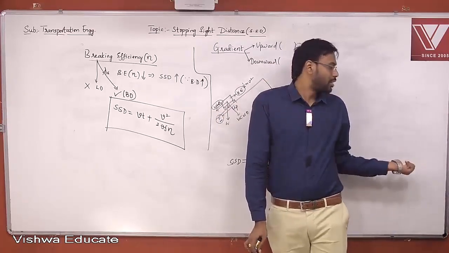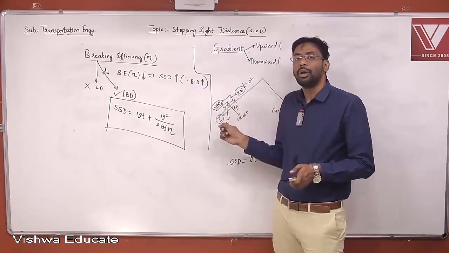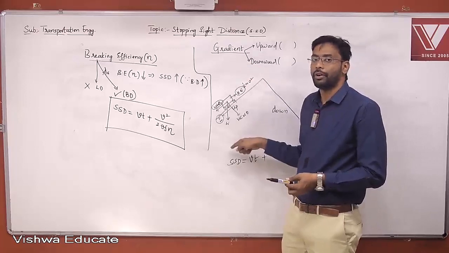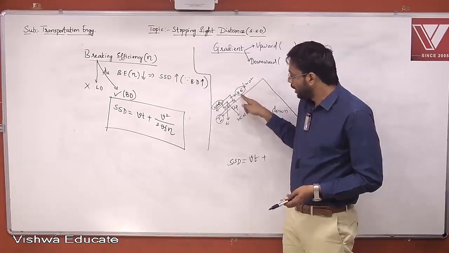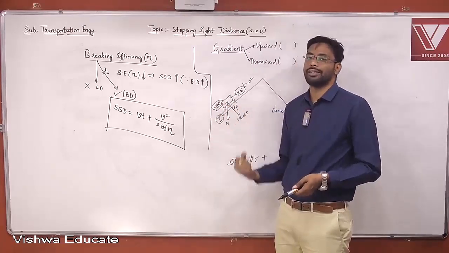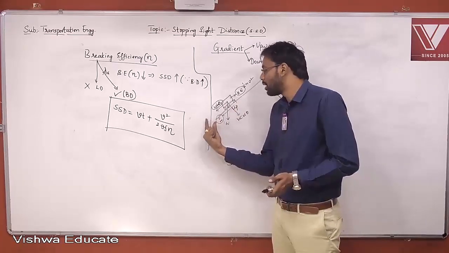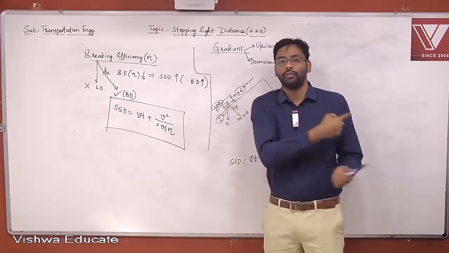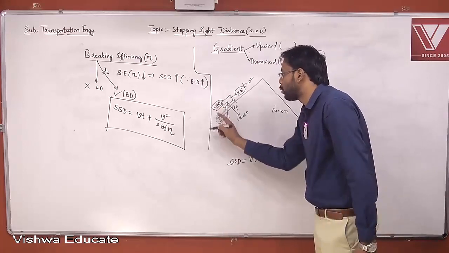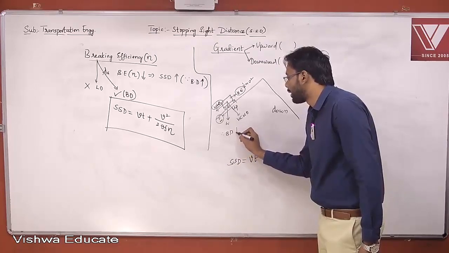In the previous derivation, we have seen that kinetic energy is just being opposed by frictional force, but that is for a plain road. Now this is an upward gradient. So this kinetic energy is opposed by both friction as well as a component of self-weight. So here you have two forces instead of one force as in the previous derivation of braking distance. As you have two opposing forces, braking distance will be less.